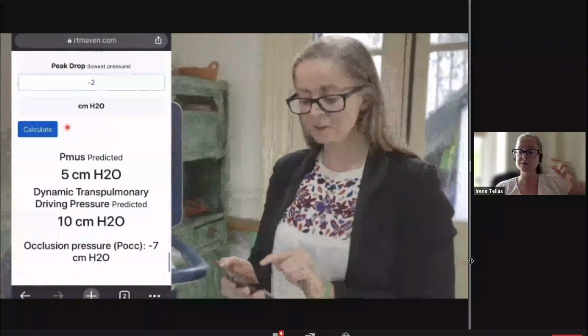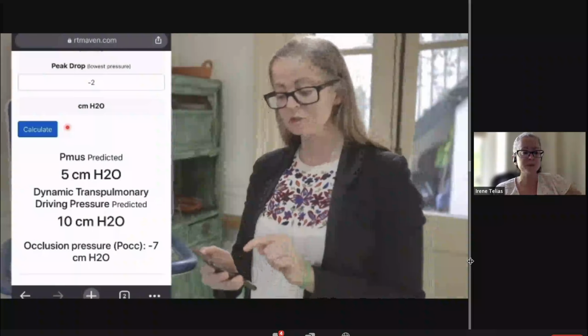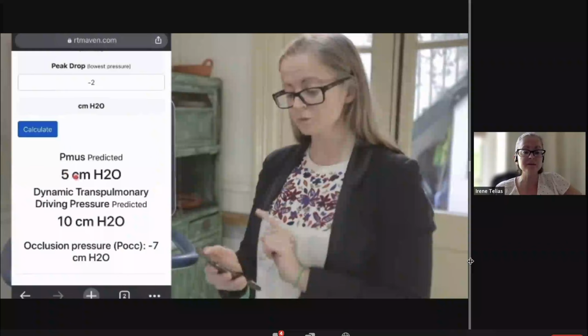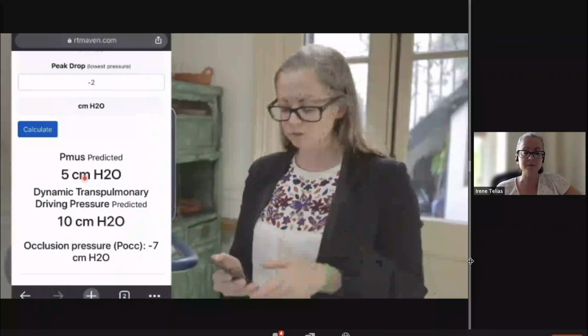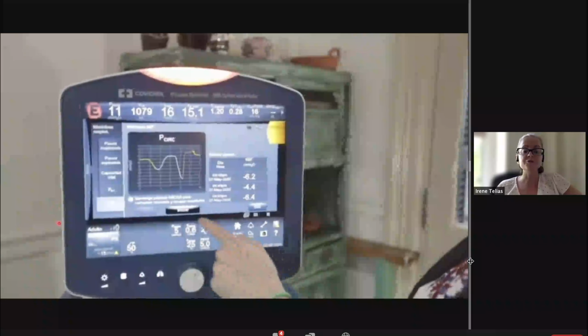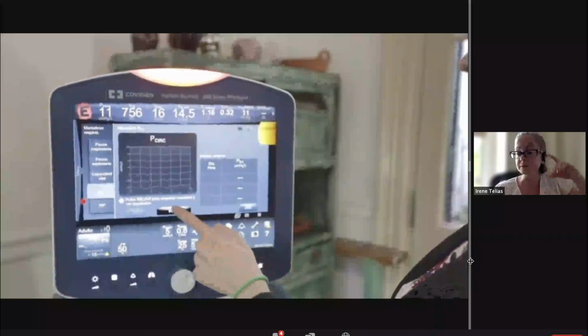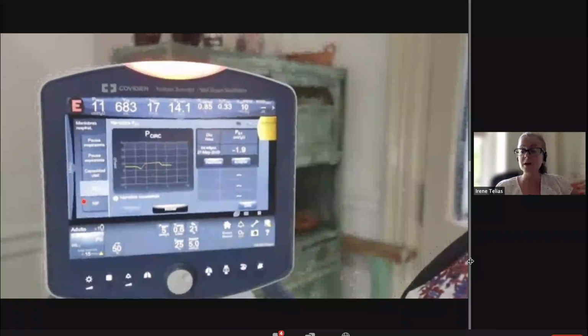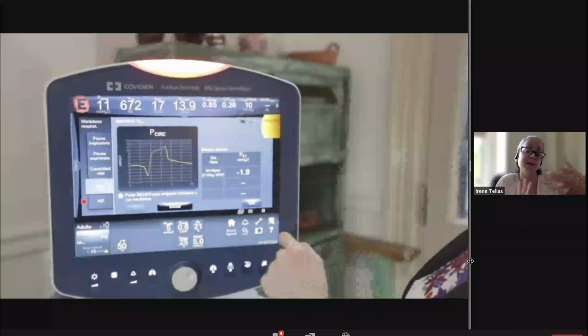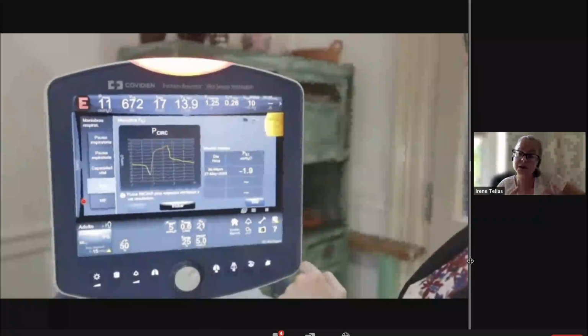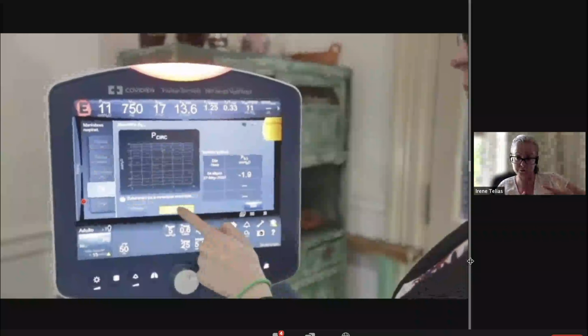We said it was 7, so 5 minus 7 is minus 2. And here it gives you the PMAX predicted is 5 centimeters of water. And then the driving transpulmonary pressure is 10 centimeters of water for the unoccluded breath. So this patient is breathing within safe conditions with a relatively low drive and effort.